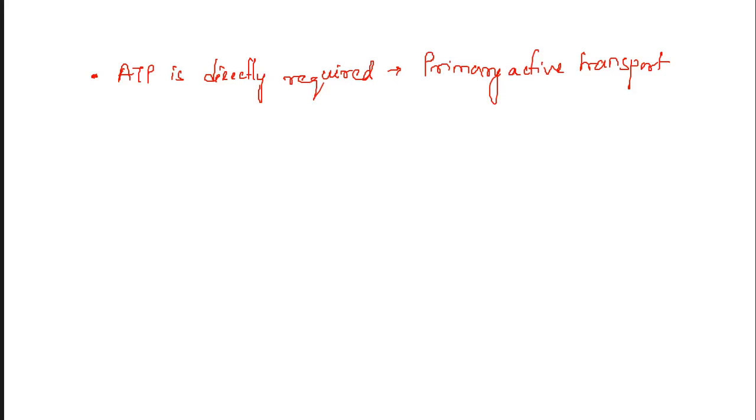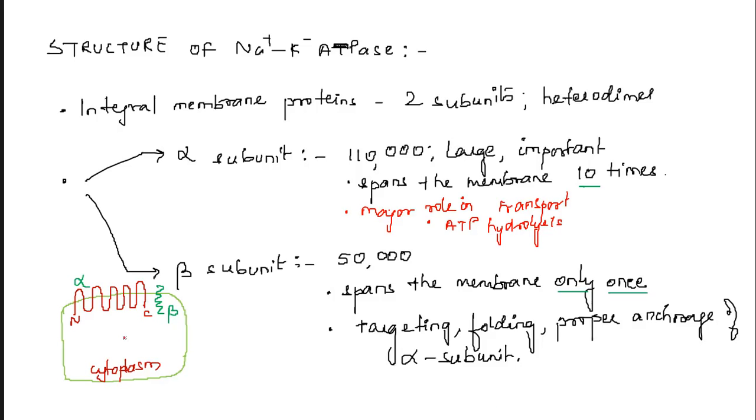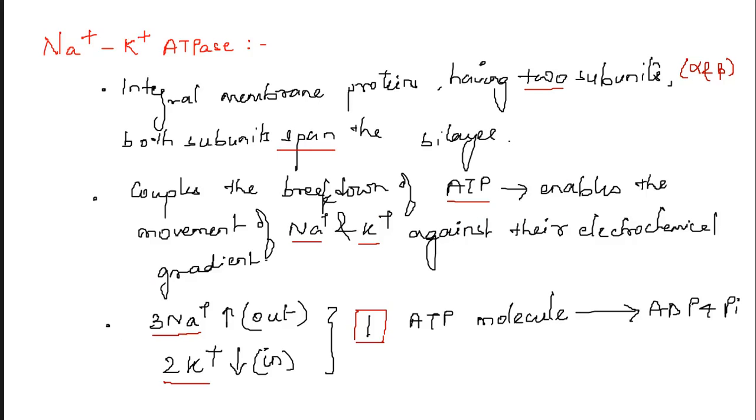Next is this: 3 sodium are moving out of the cell and 2 potassium are coming inside the cell. As a result, there is a net movement of one positive charge out of the cell. 3 positive are going out and 2 positive are coming in.